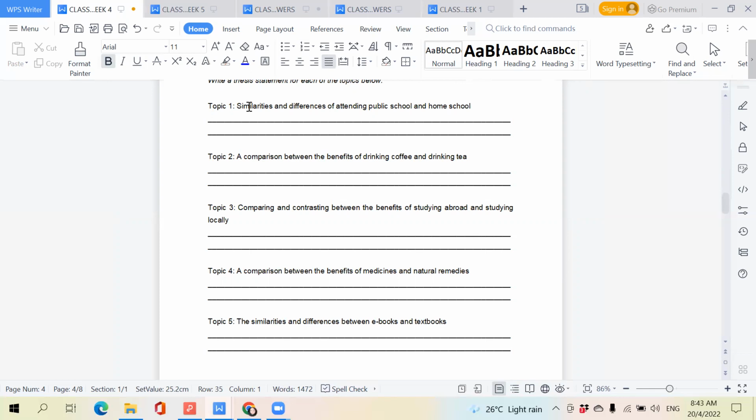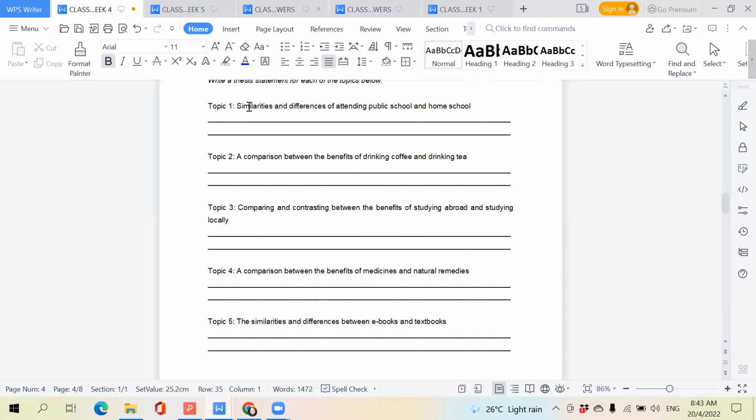Okay, so when you write your thesis statement, remember what are the three components that you need to have in your thesis statement? So you have to have subjects, both subjects, not only one, both subjects, and then you have to have transition signal, but transition signal here does not mean that any one of the transition signals will make do.